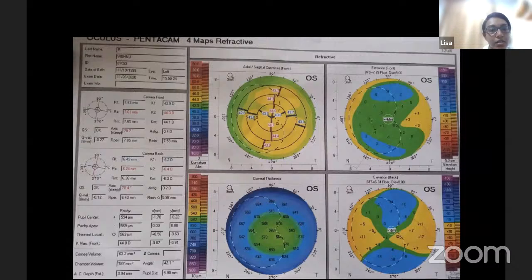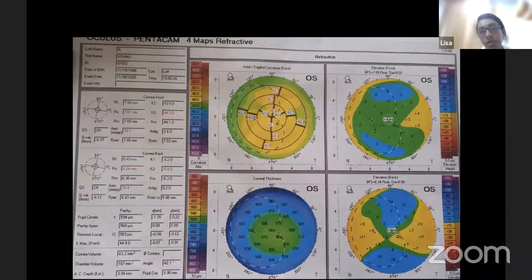Moving on to the axial or sagittal curvature, the central area is showing around 44.